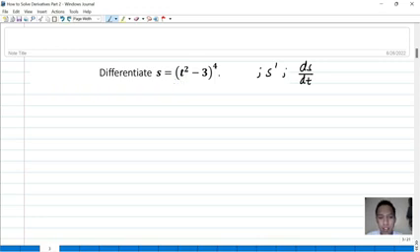So we have here, guys, a revised power rule since we have an expression inside the parentheses na combined term siya. Meron kang t squared tsaka meron kang constant.